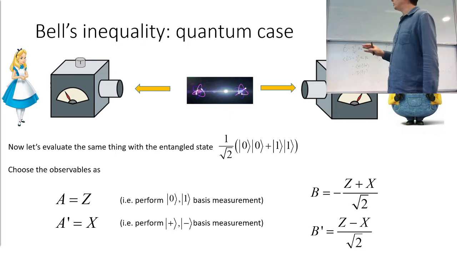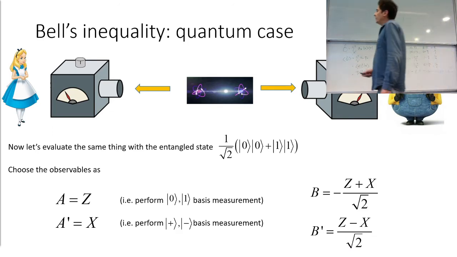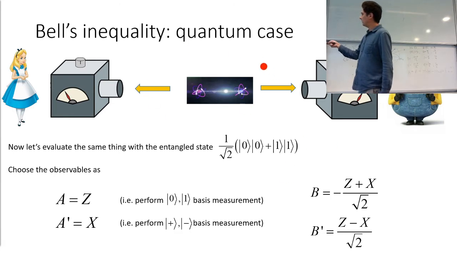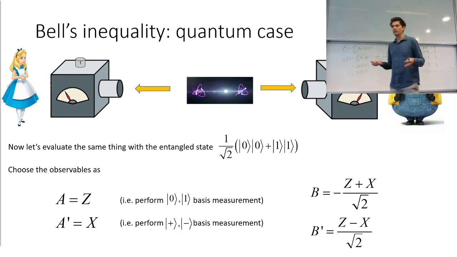So you can just switch between observable A or A dash, or B and B dash. And so that's the same. So really the only difference is in this particle that is going between them, the thing that is producing the correlations in the first place.